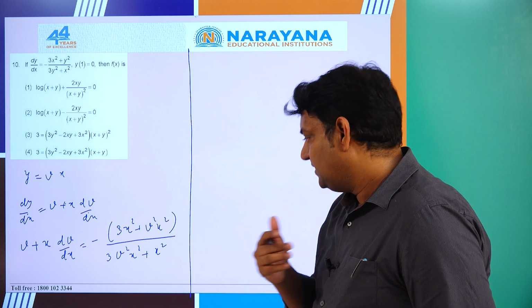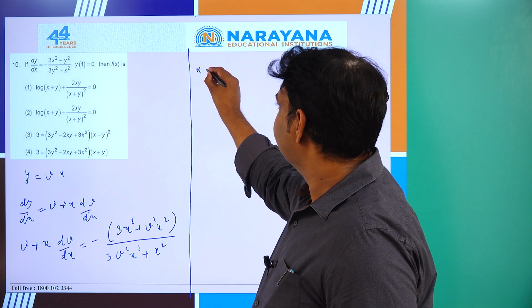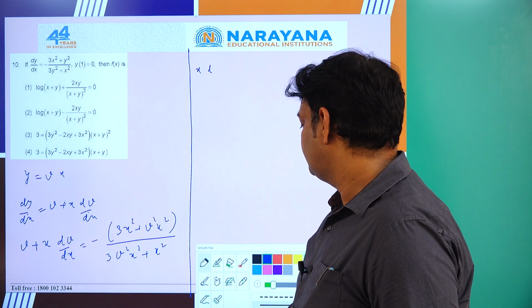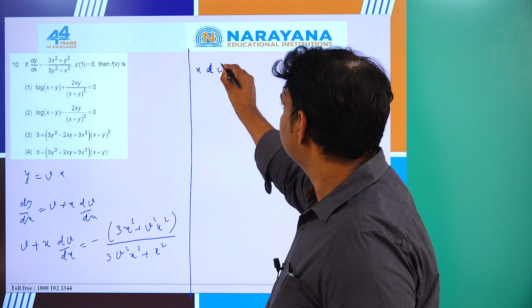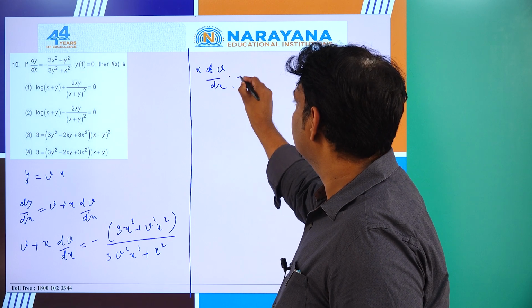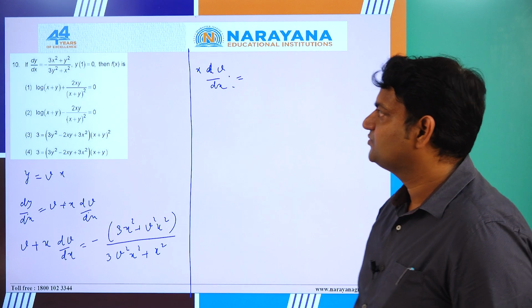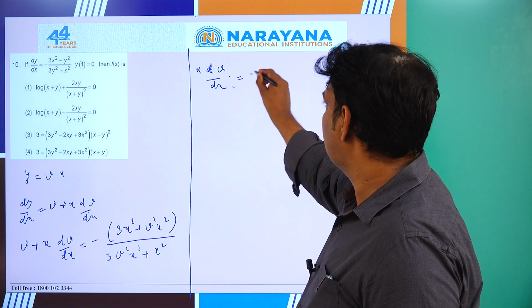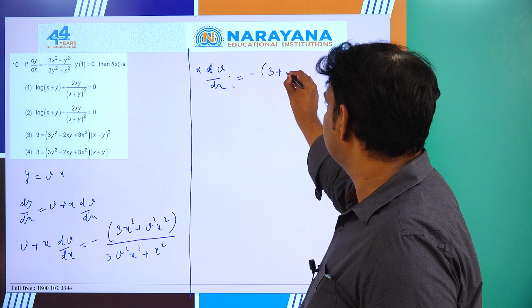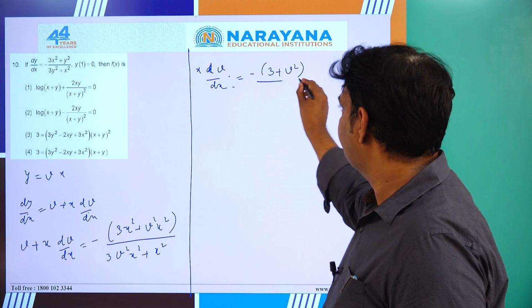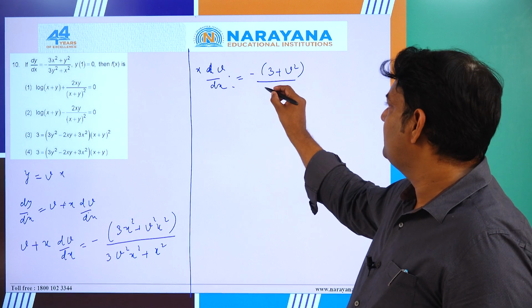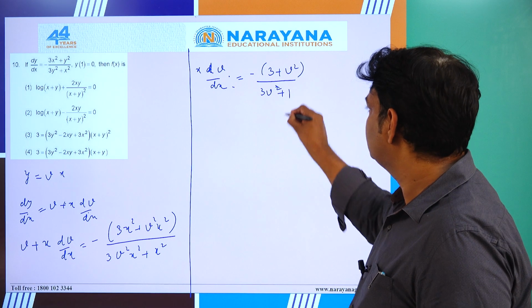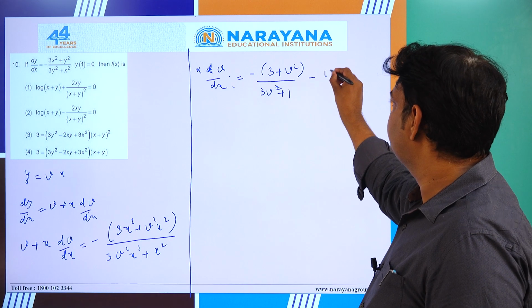What you will get? x dv by dx is equal to minus of 3 plus v square by 3v square plus 1, minus v.